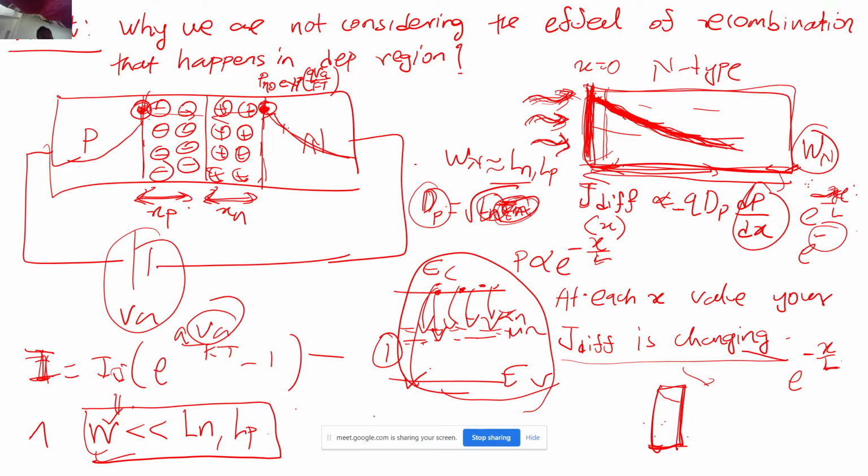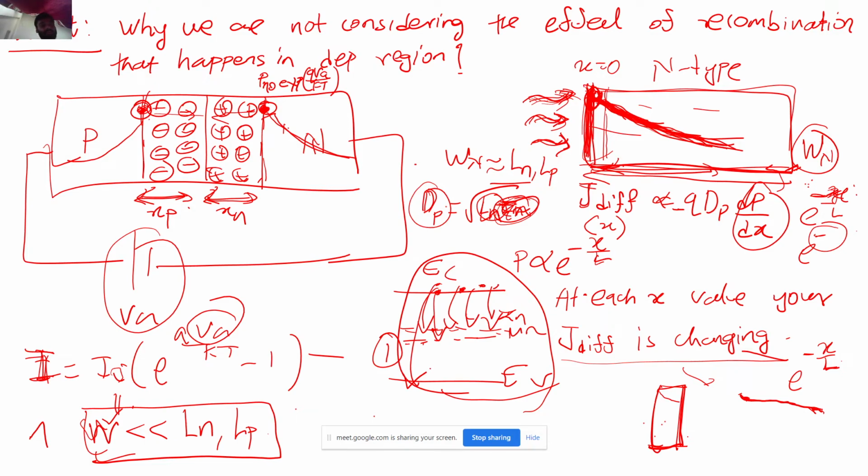Now if this distance is so small that I zoom into this region, I will just see some line like this, and this will be a very small decay that I will be able to observe. If this assumption holds true, they are not even getting enough time to recombine properly.